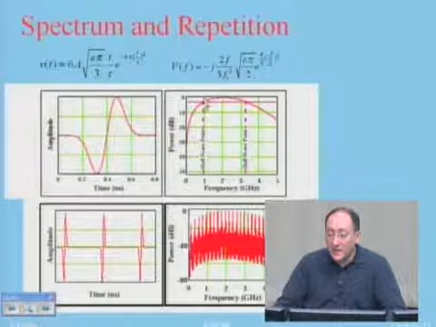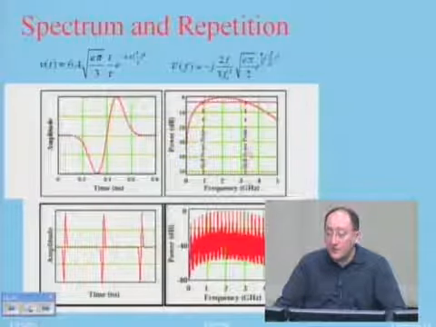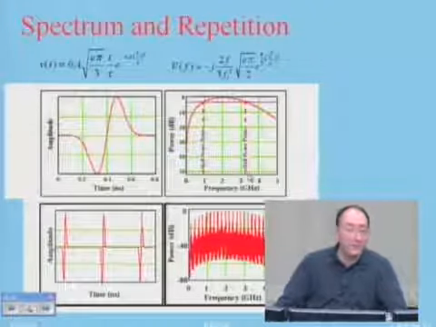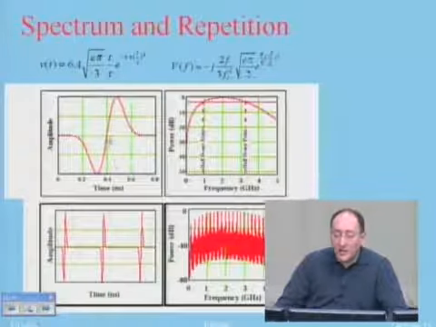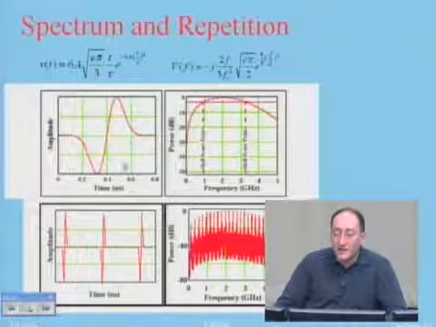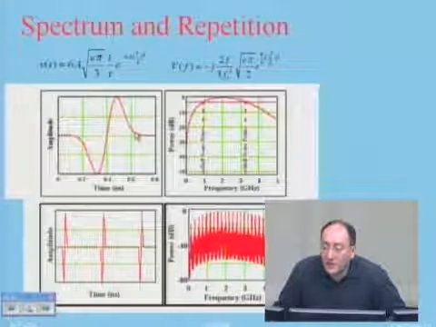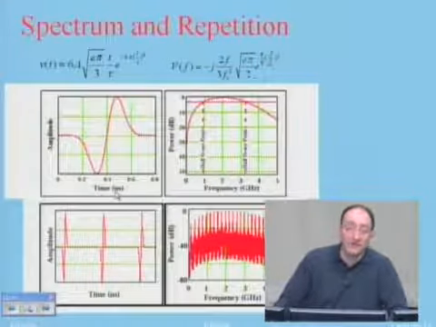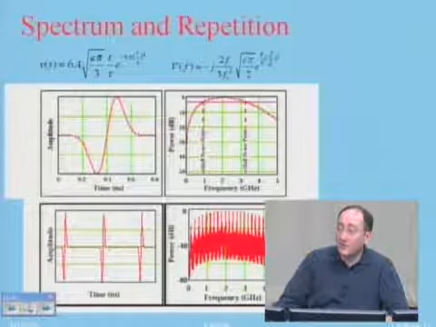If you take 3 dB from the top, the bandwidth from here to here is between 1 and 3 gigahertz, like a 2 gigahertz band. The width of the pulse, from here to here, is something like 0.2 nanosecond. It's a very, very, very small value.